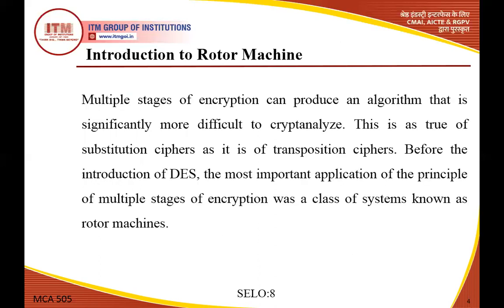Come to the rotor machine. As in the previous lecture, I defined that by using multiple stages of encryption, we can produce a strong algorithm that is much more difficult to cryptanalyze.